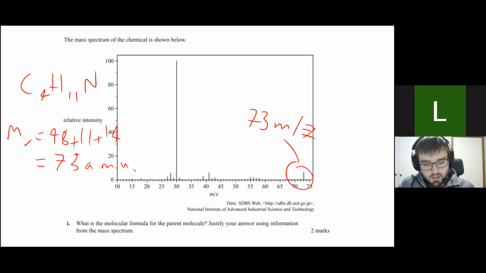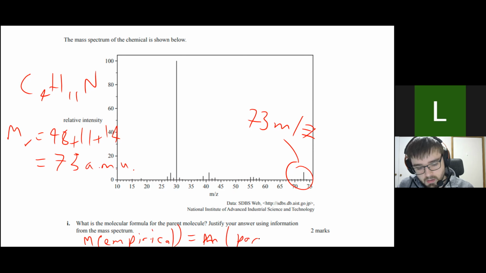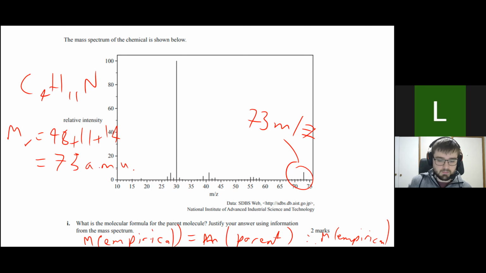So I would say something like the molar mass of the empirical formula equals the molar mass of the parent peak at 73 m/z, and therefore the empirical formula is the molecular formula, something like that.